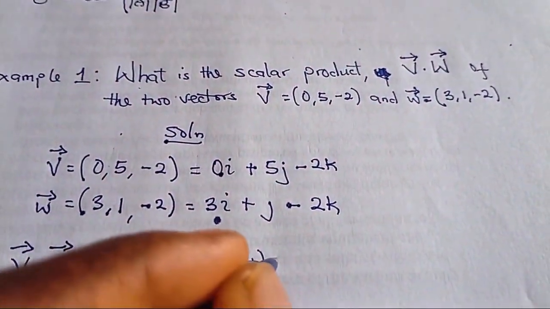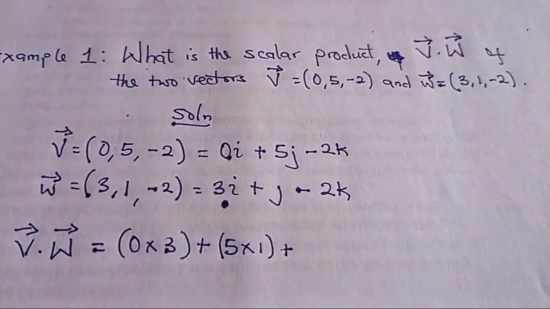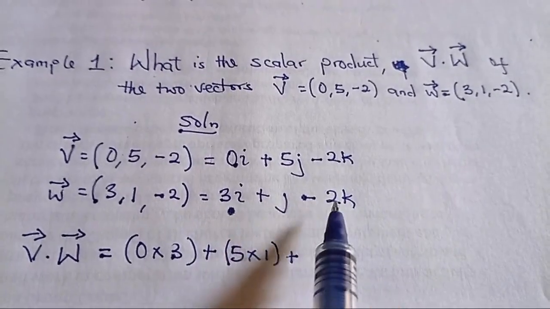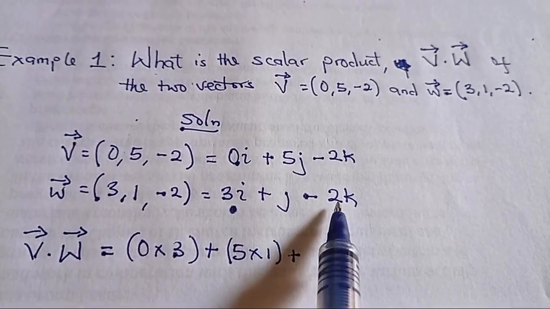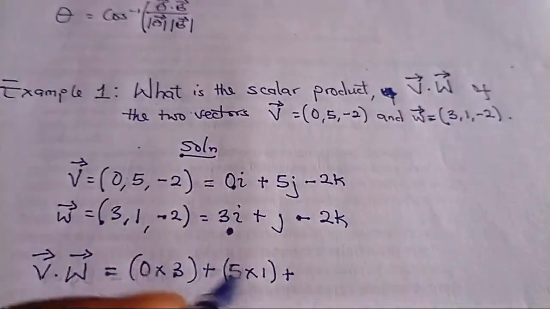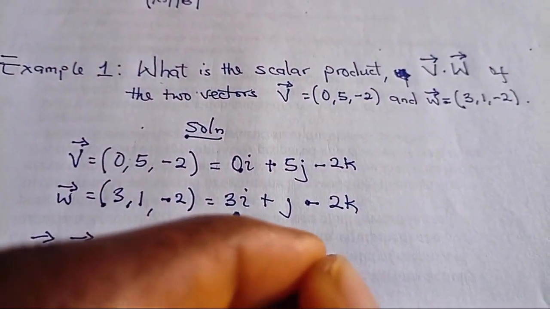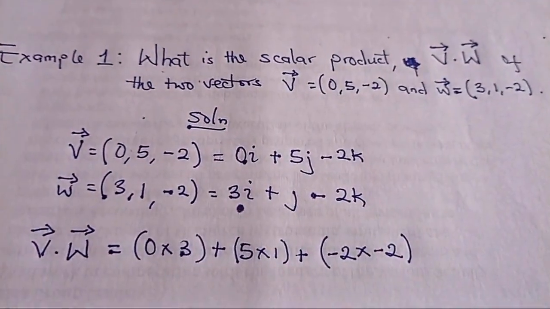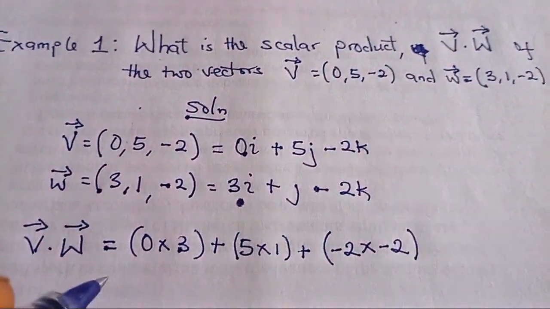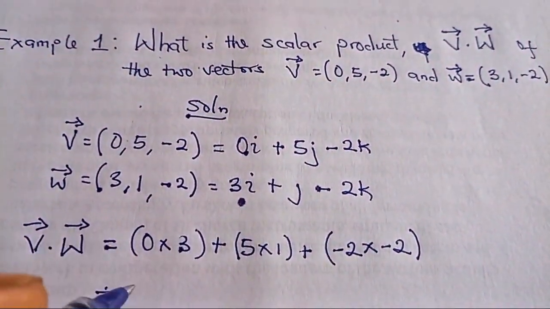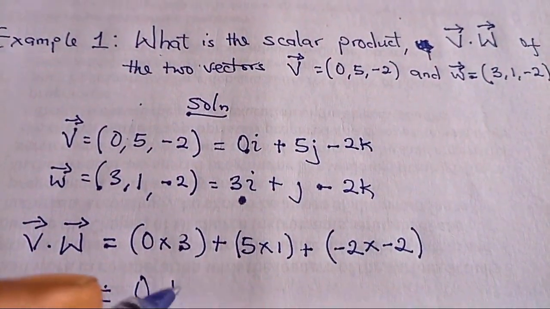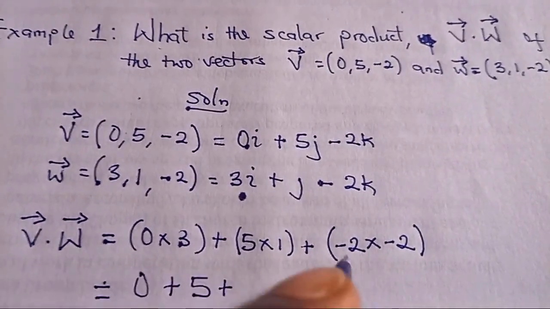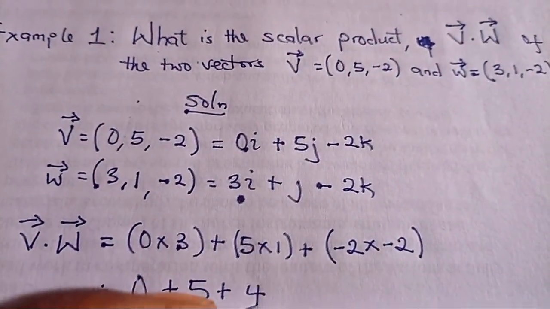Then we'll add it to the k component. The k in the first vector v is -2. The second one in vector w is also -2. So we are going to have -2 times -2. So finally, we're going to have 0 times 3 giving us 0, plus 5 times 1 giving us 5, plus -2 times -2 is 4.